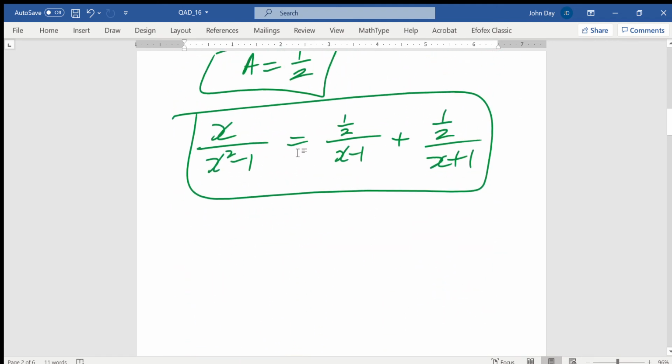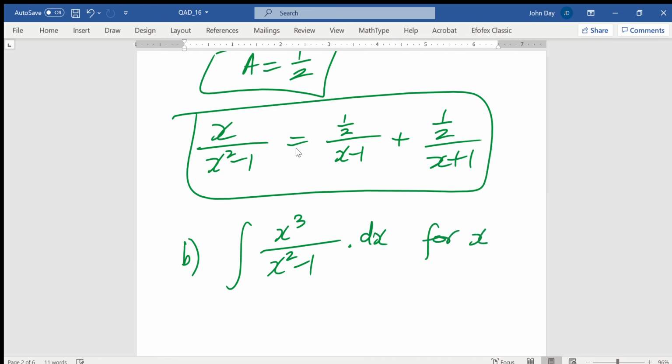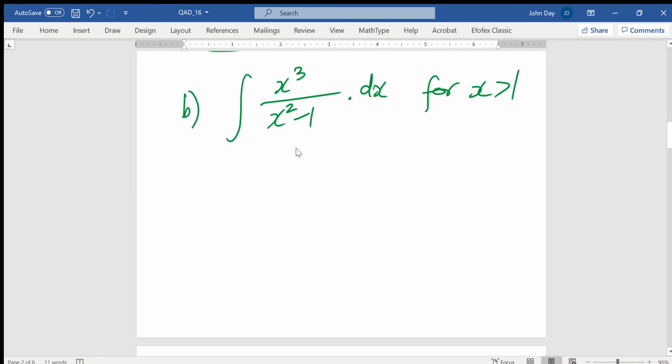Alright, so part B, we want to find the integral of x cubed on x squared minus 1 for x bigger than 1, and I think that's a good thing to keep in the back of our mind. Alright, I just want to do that actual division. How many x squared minus 1 goes into x cubed?